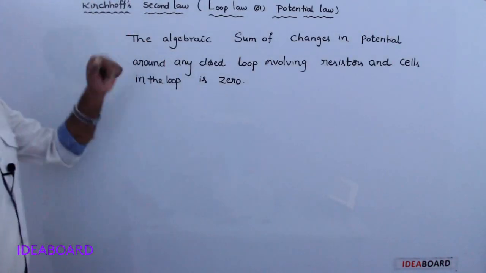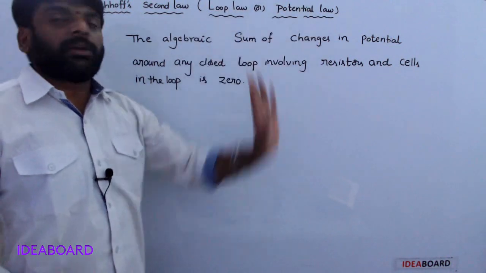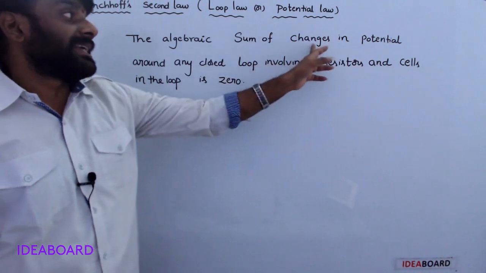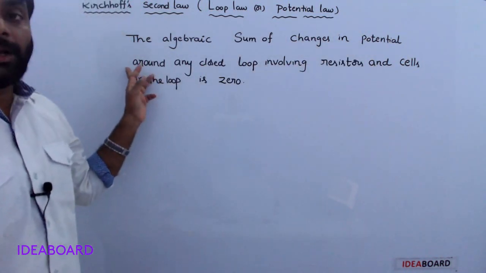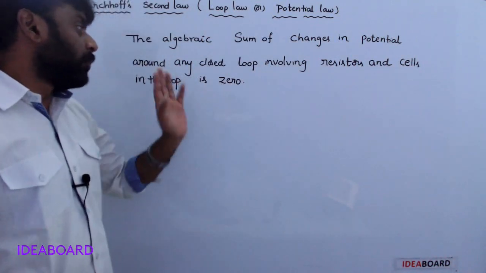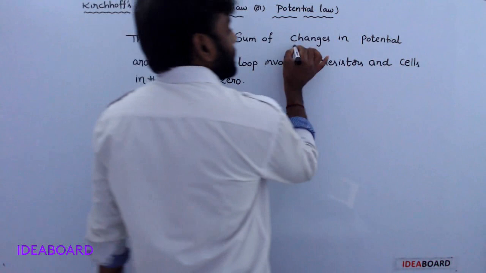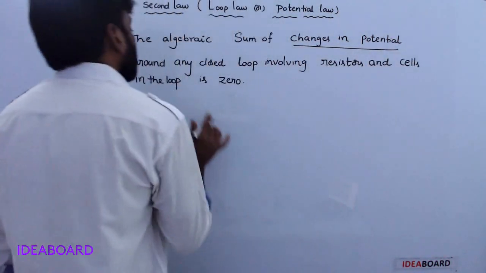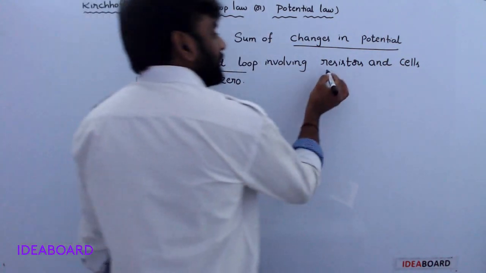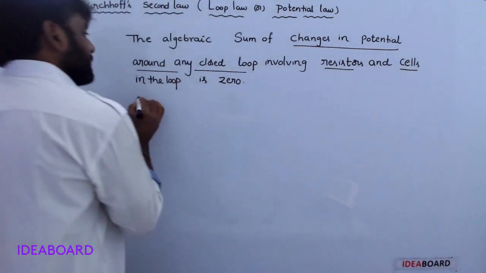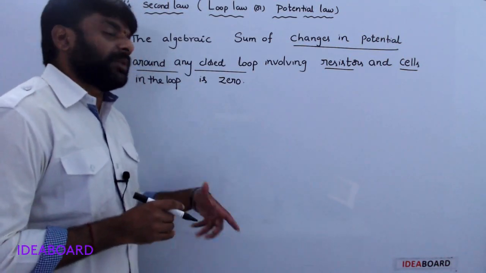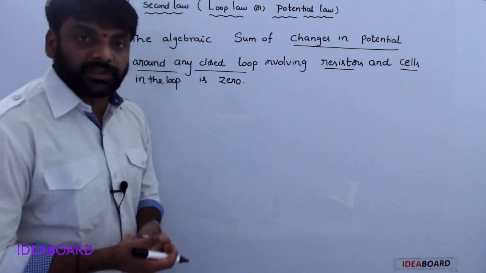Next, Kirchhoff's second law, the loop law or potential law. The algebraic sum of changes in potential around any closed loop involving resistors and cells is 0. Here, the change in potential in that loop is equal to 0.